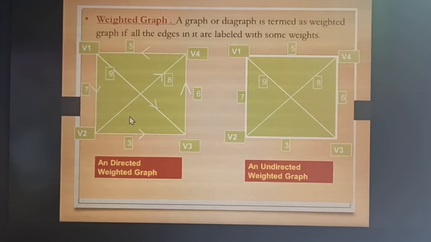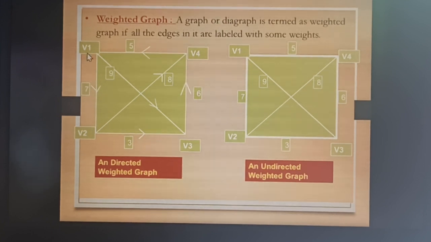Now see this graph, this is a directed graph, so direction is also mentioned. To traverse from one vertex to another, we have to go through the direction; you cannot go oppositely. If I go from v1 to v4, I cannot, because the direction is from v4 to v1, so I cannot choose this path.